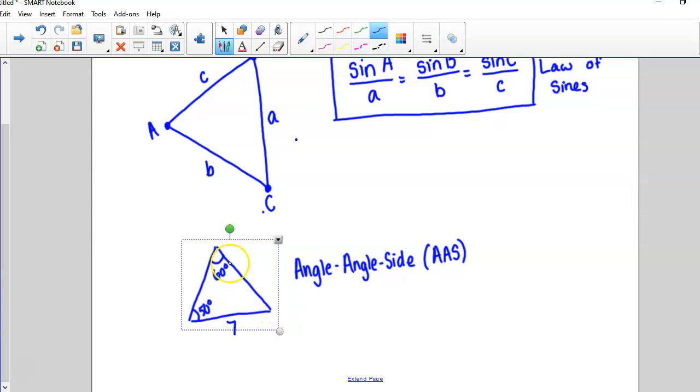So there is only one triangle that can have these particular measurements. So if you have angle, angle, side, then you're good to go. If you have angle, side, angle, if the side is between the angles, that is also okay, because if you have two of the angles, you could always find the third angle.